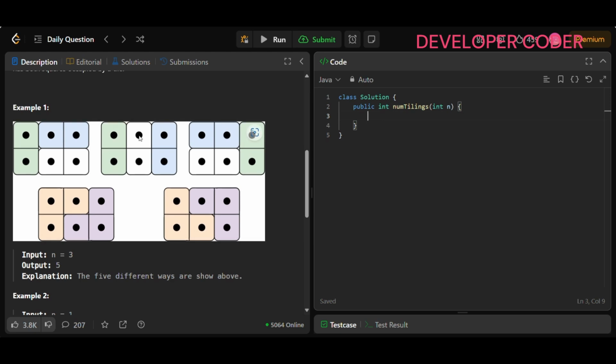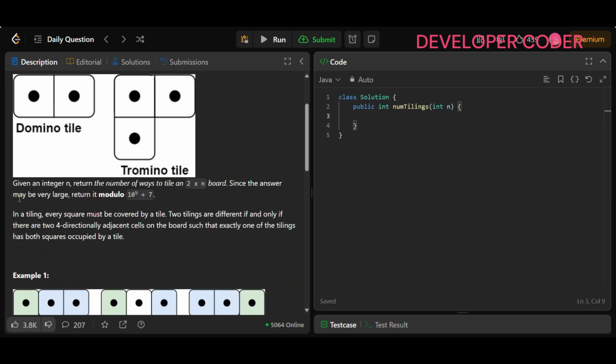So first, since in the problem statement it is given that the answer may be very large, we have to return it modulo 10 to the power 9 plus 7. So here just create one variable, int mod is equal to 1000000007, the mod value. A few things we already know: if our n value is equal to 1, you simply return 1.